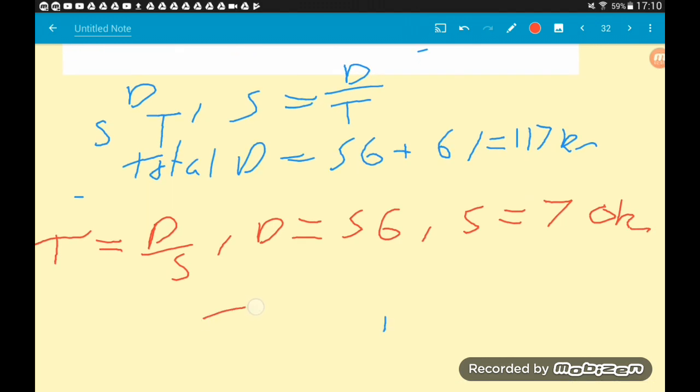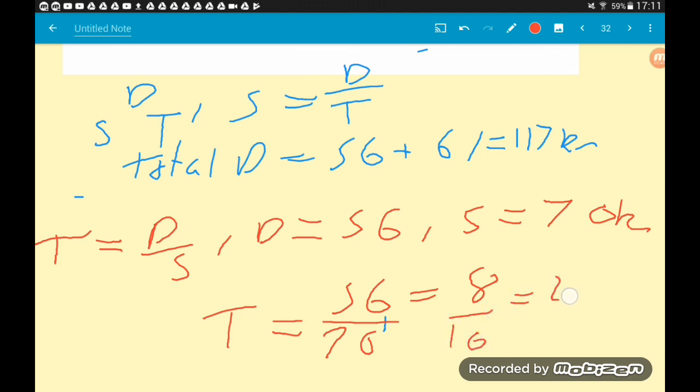we will get time is 56 divided by 70. Now if you work that into your calculator, you will get 8 tenths or 4/5. So that is 4/5 of an hour.